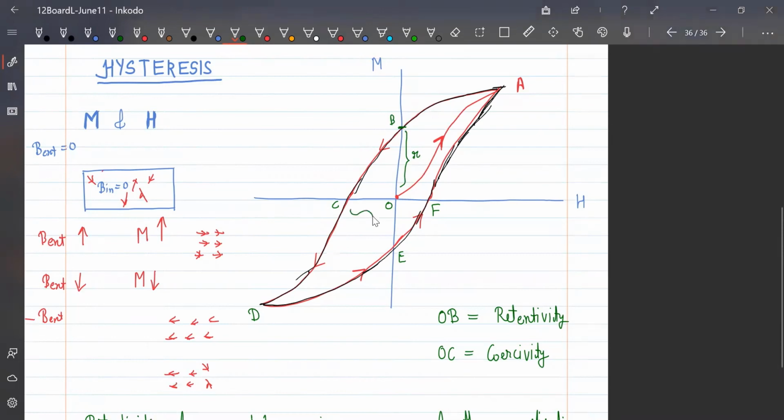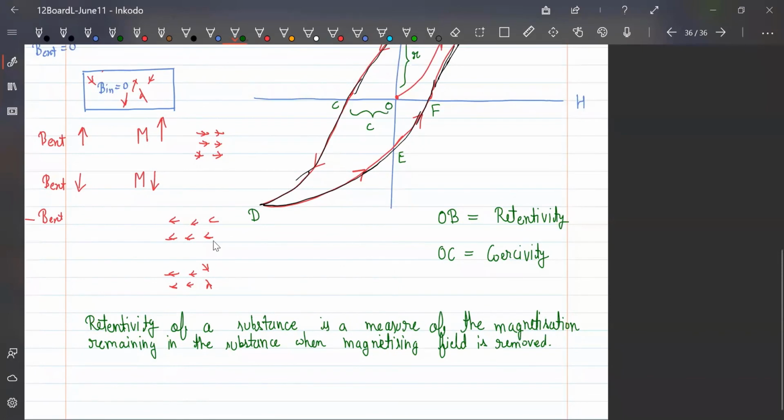And this OC is called the coercivity. Coercivity is the magnetic field strength when the magnetization becomes zero. So we can define coercivity.